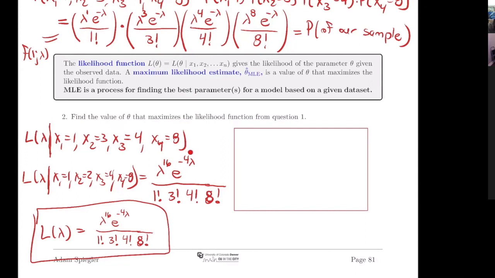And now what I'm doing down here is thinking of this formula as a conditional probability. Given that we picked this sample, this likelihood function output tells me the probability of getting this sample. And so to find the best model, we're going to pick the value of lambda that makes this probability greatest. That's going to make this likelihood function take its biggest value.